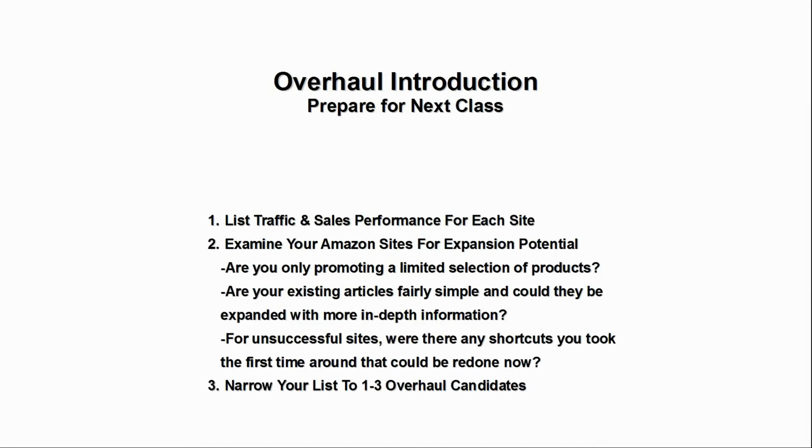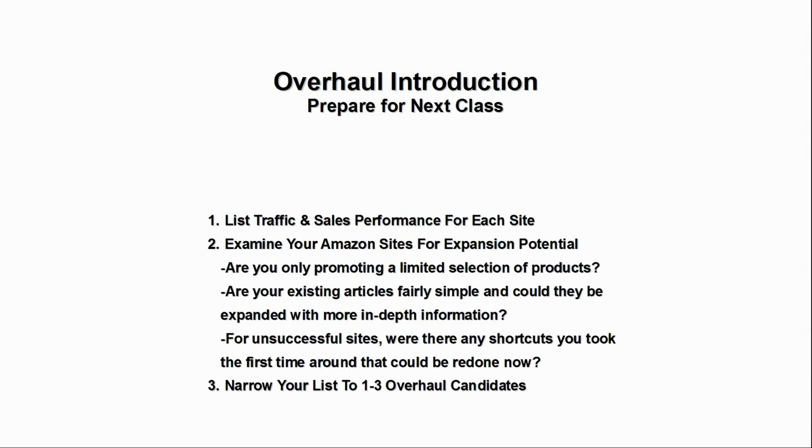Ask yourself these questions. Number one, are you only promoting a limited selection of products? This can be a really good indicator if maybe you've only picked out a couple of products within your niche. You could easily end up expanding with a much larger product selection.